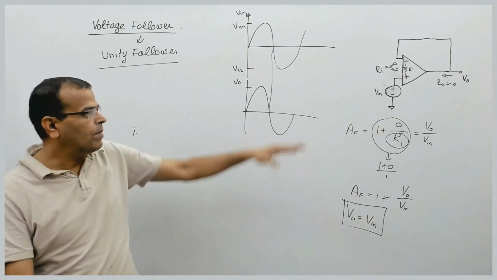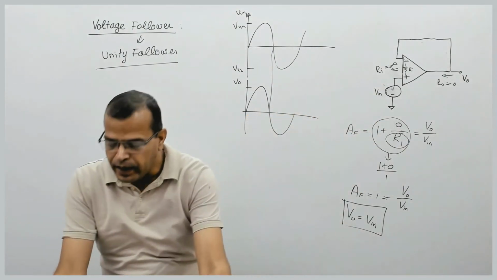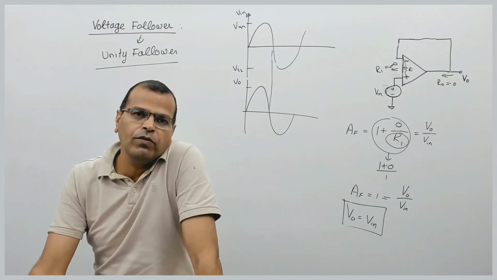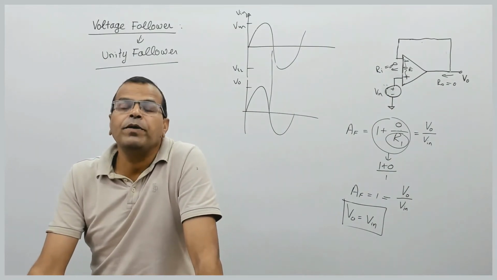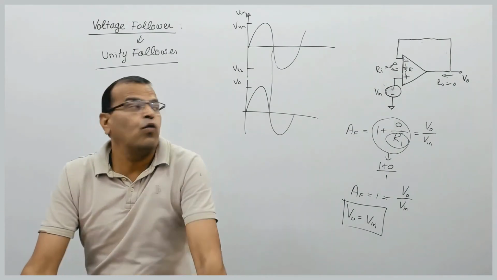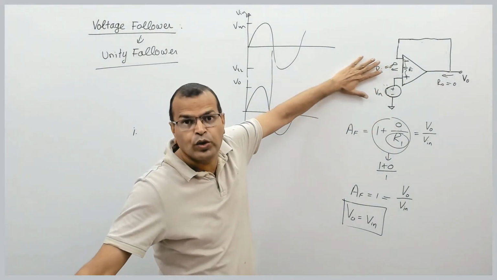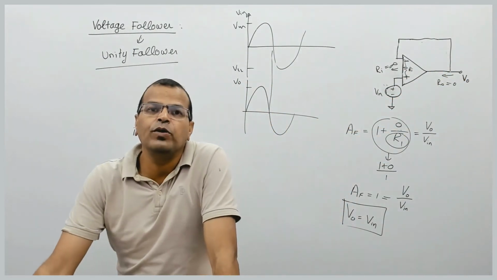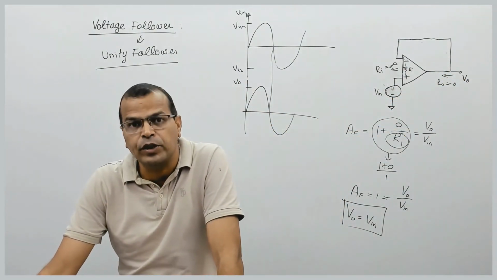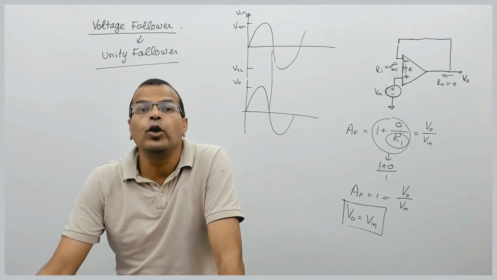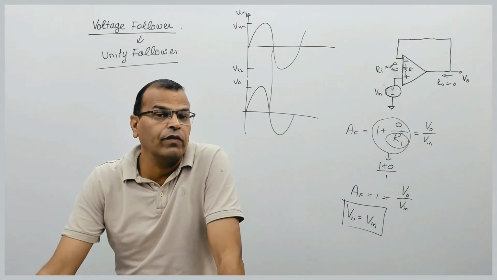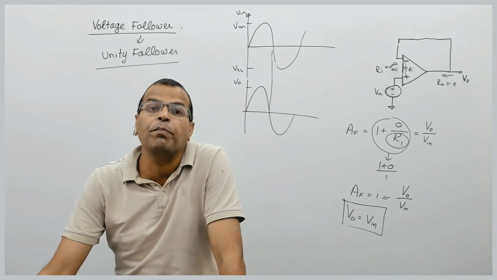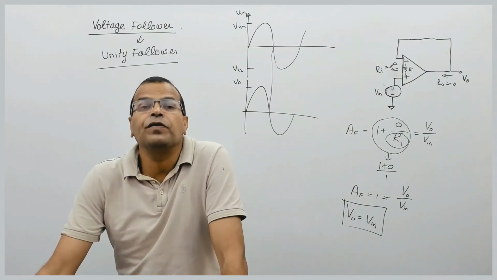Now come back. The voltage buffer, or voltage follower circuit, can be used to match a very high impedance source with a very low impedance load, where the load resistance is very small. Or it can be used for isolation.